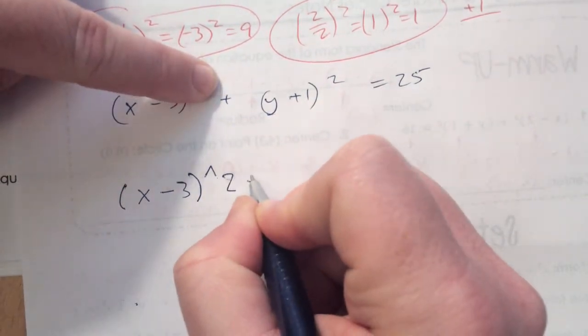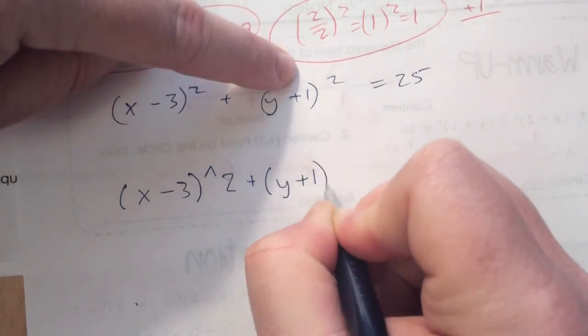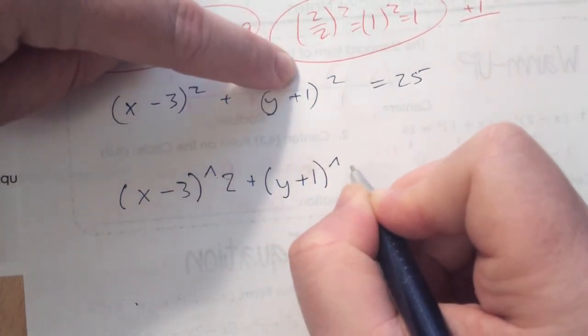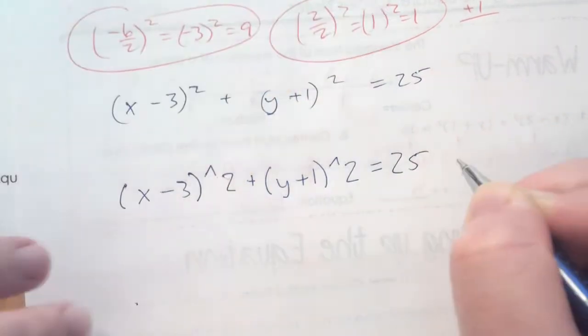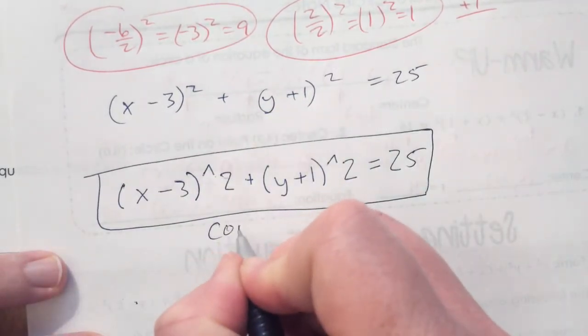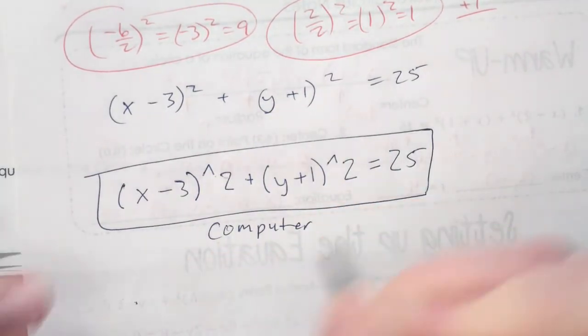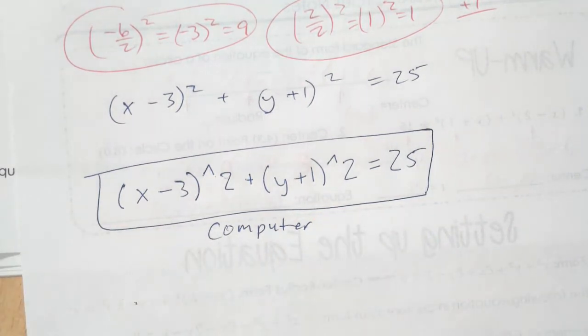Then we would say plus, parentheses, y, plus 1, close parentheses, caret, to the power of 2, equals, and you would just put 25. So that's how you type it into the computer, and if you need to, you could go ahead and write that on your Hot Topics page.